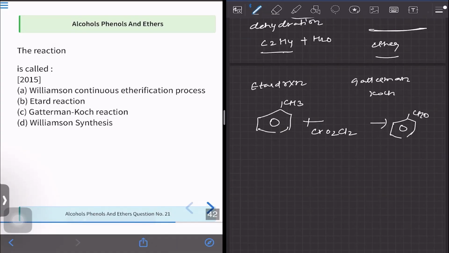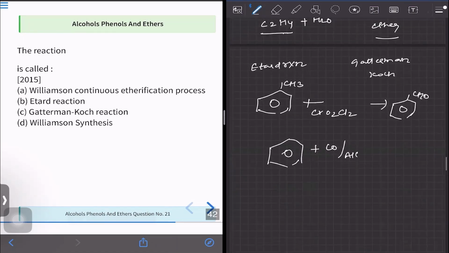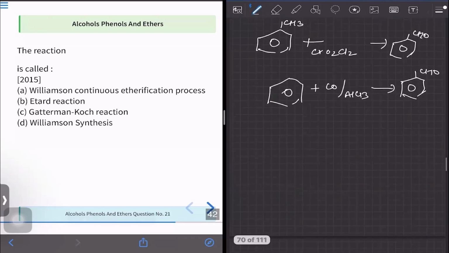That is known as the Etard reaction. The production of aldehyde from toluene is known as the Etard reaction. What is Gattermann-Koch? Whenever benzene reacts in the presence of carbon monoxide and AlCl3, it produces aldehyde. This is known as the Gattermann-Koch reaction.